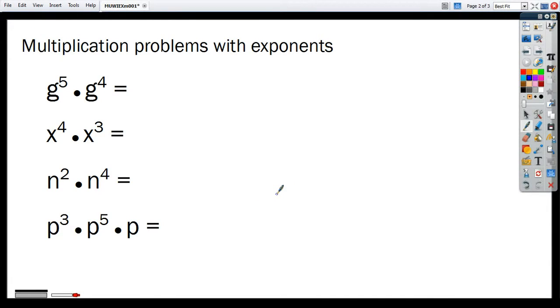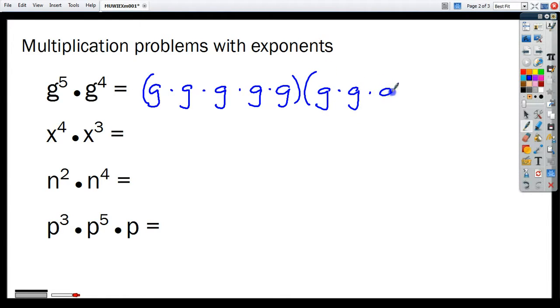So here we've got the problem g to the fifth times g to the fourth, and as we know, exponents are just a way to say repeated multiplication. So here g to the fifth would be g times g times g times g times g, 5 times, multiplied times g to the fourth, g times g times g times g.